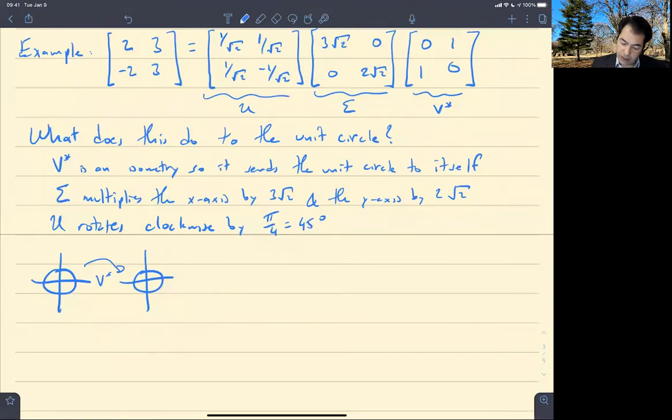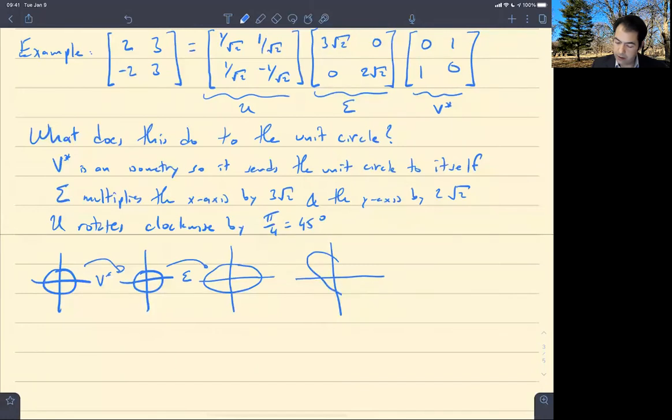But next, we hit this with sigma, and the unit circle becomes this ellipse. And then we hit that ellipse with U, and it gets rotated to something like that. And so altogether, that's what multiplying by A does to the unit circle, right?